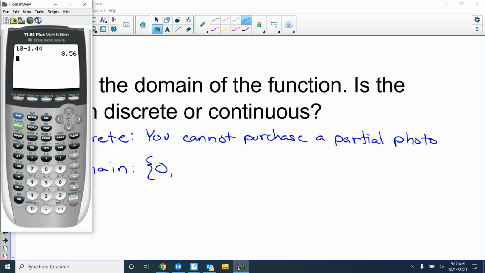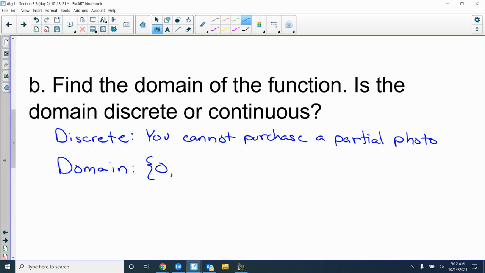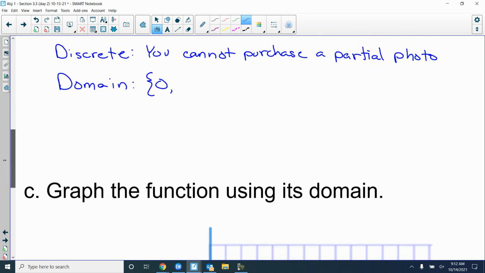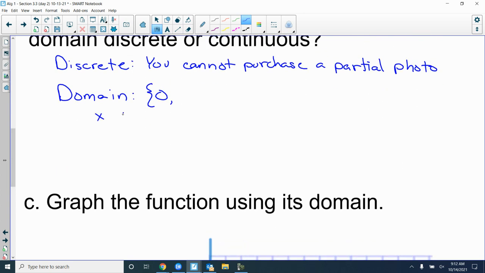And let's make our table at the same time. Right underneath where you got domain, put x, put y. x is the number of photographs, and if we put 0 photographs, you're going to have $10 left. If you get one photograph, what's going to be left then? According to our calculator, 8.56. So if I buy one photograph, I got 8.56 left.